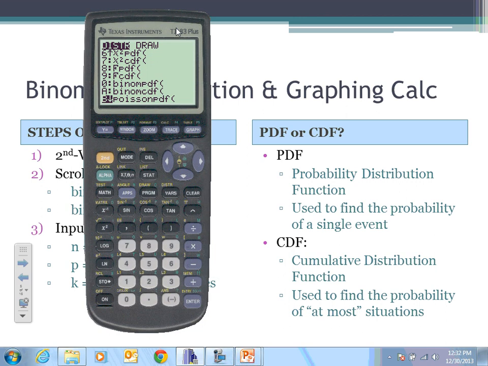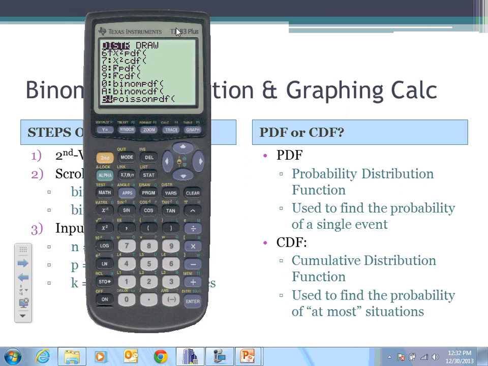The CDF, which stands for cumulative distribution function, is used to find the probability of at most situations. If I say, what's the probability that you get at most 7 questions correct on a quiz? Well, at most 7 could mean that you got 7 correct, or 6, or 5, or 4, or 3, or 2, or 1.